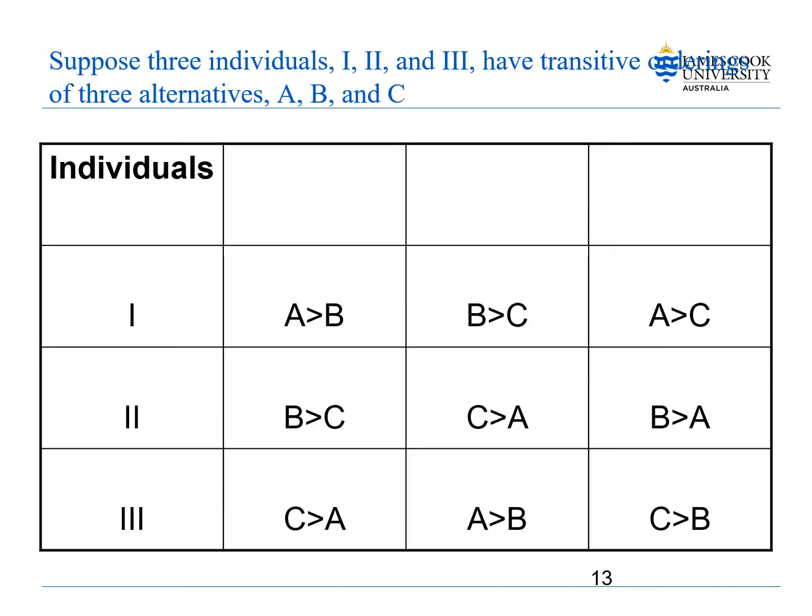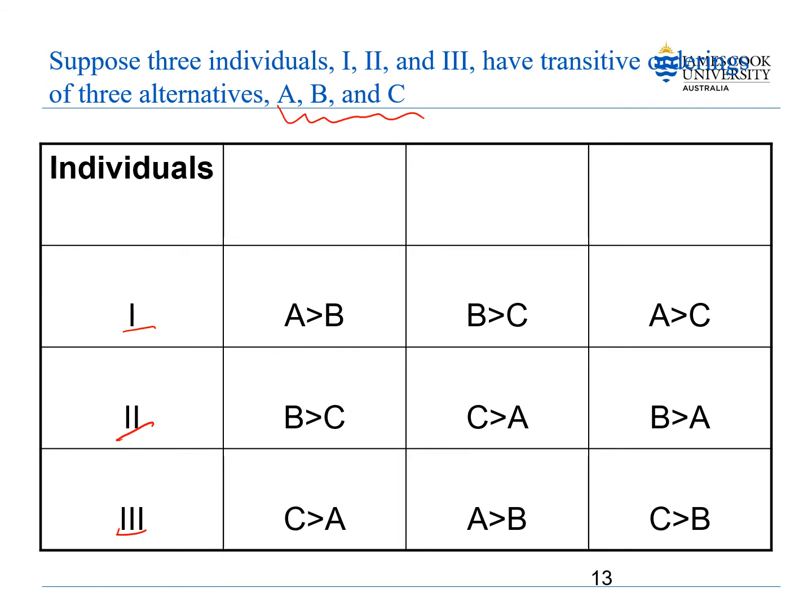Let's look at an example of this. Okay, so we have 3 persons in a society, 1, 2, 3. We want to rank 3 options, A, B, C. Person 1 thinks A is better than B, and B is better than C, and he also thinks A is better than C. So person 1's ordering is transitive or logical.